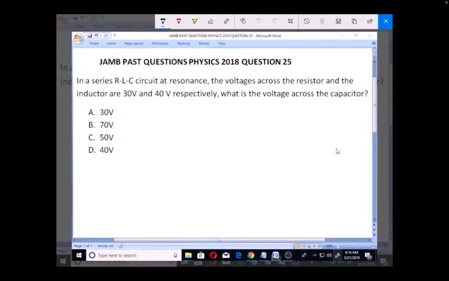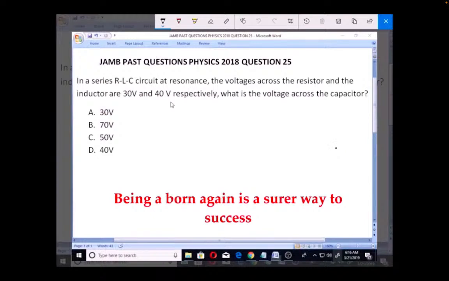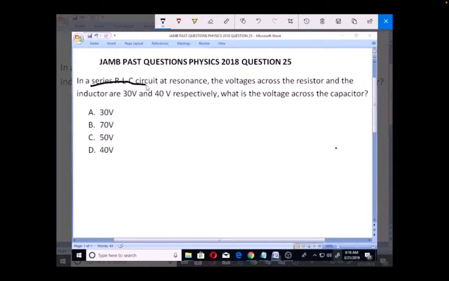Now, for us to be able to appreciate this effectively, we need to know what resonance is, so that we will know what resonance in a series RLC circuit is. What is the significance of resonance in a series RLC circuit?